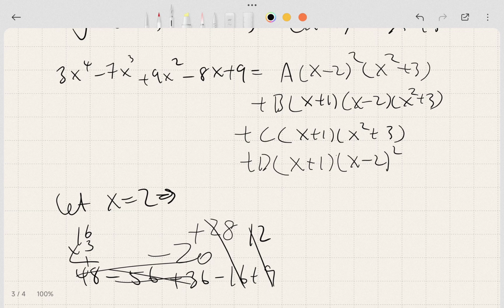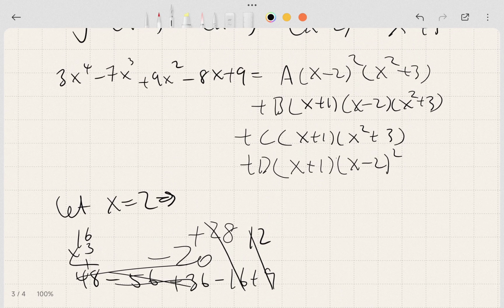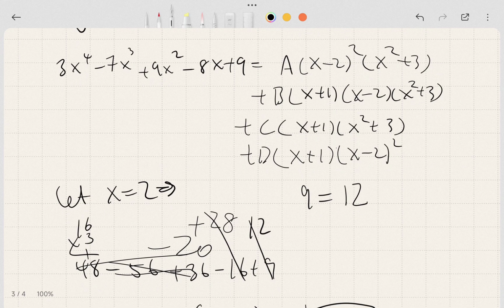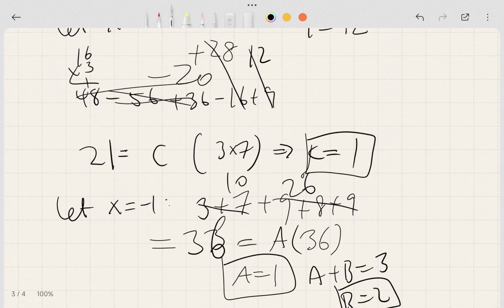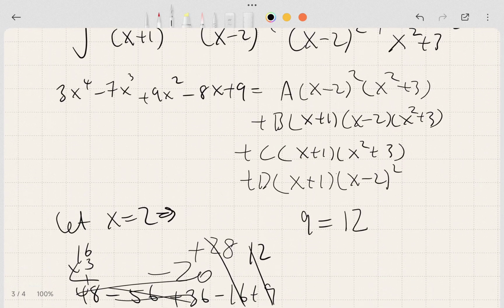So, looking from the answer choices, 9 is equal to, let's see, 4 times 3 was 12A. A is 1, so it's 12, plus 2B.